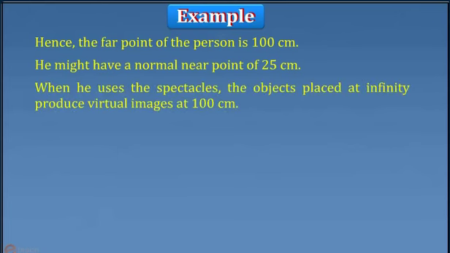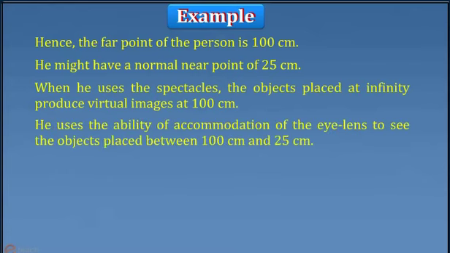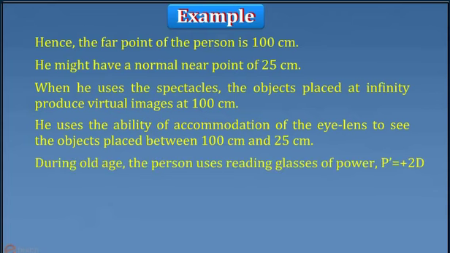When he uses the spectacles, the objects placed at infinity produce virtual images at 100 centimeters. He uses the ability of accommodation of the eye lens to see the objects placed between 100 centimeters and 25 centimeters. During old age, the person uses reading glasses of power P prime is equal to +2 diopters.